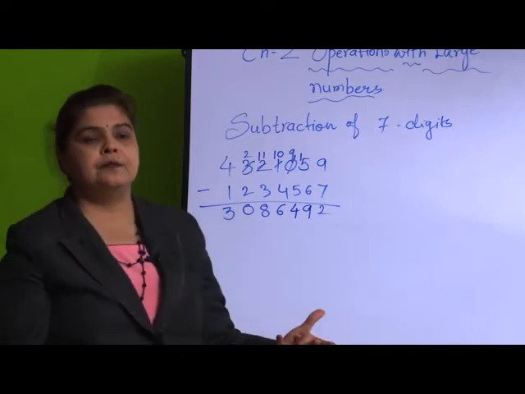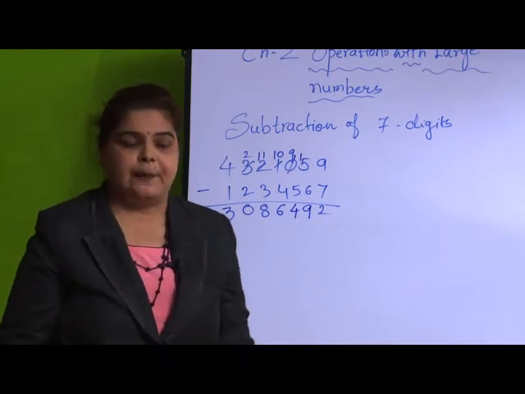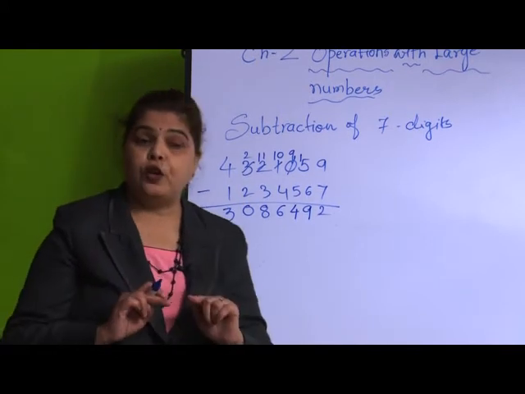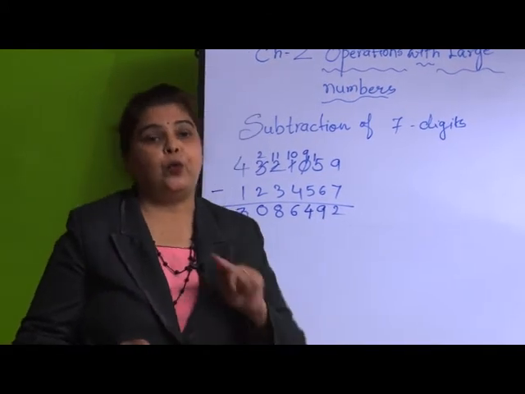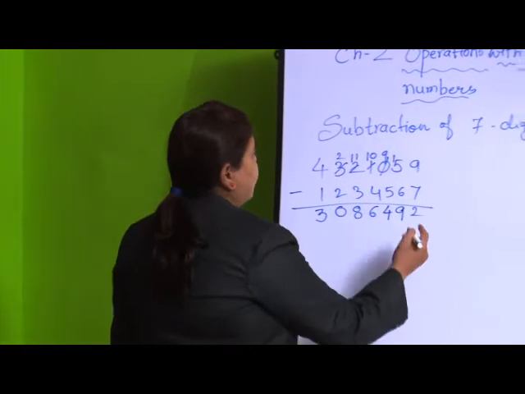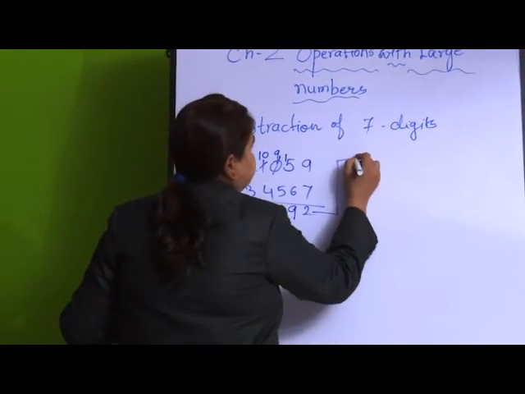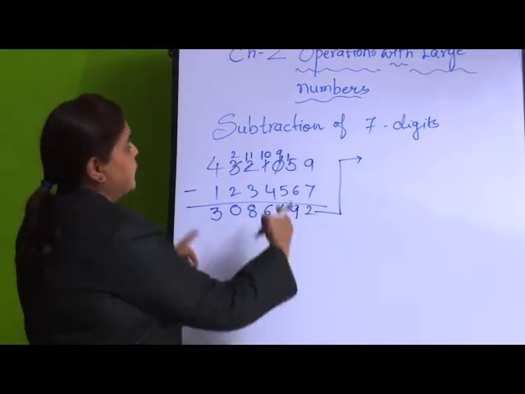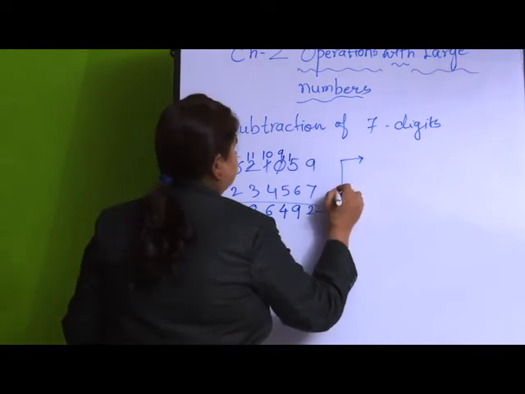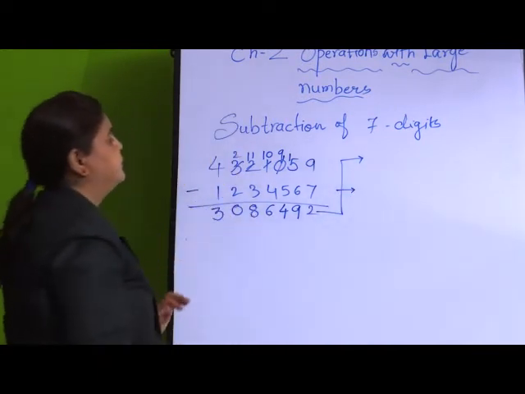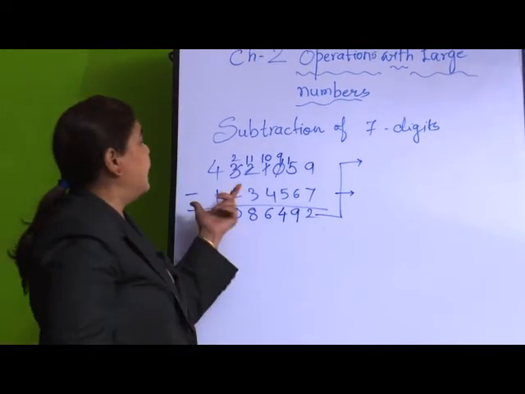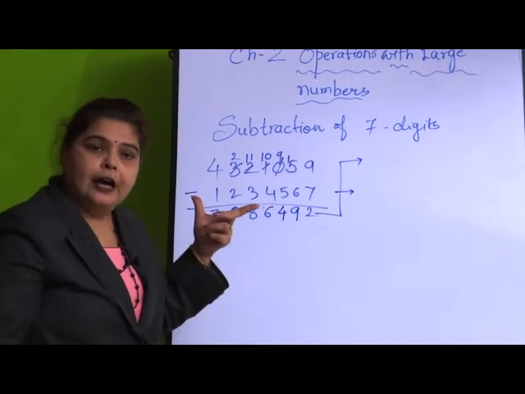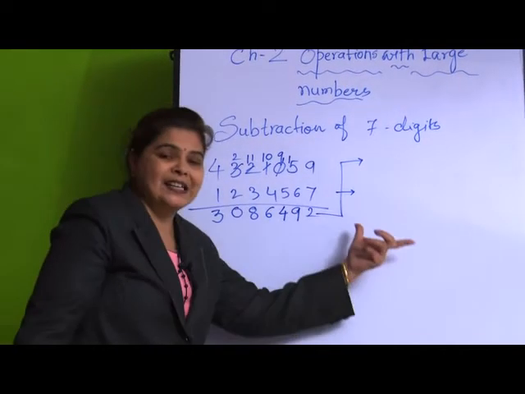What is this? We have just done the subtraction. Now, my question was we have to check it with addition. So what will I do here? This number I will write here. This number in front of the subtraction will go as it is.